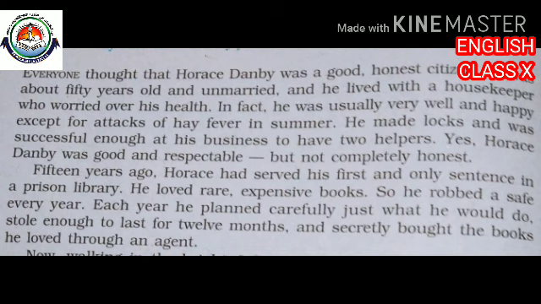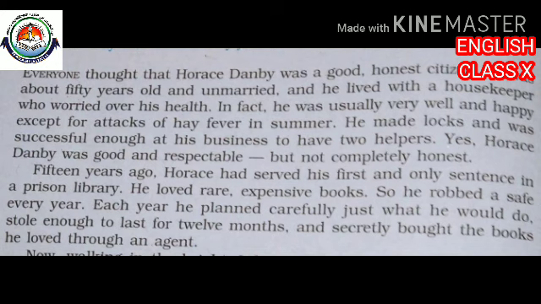Yes, Horace Danby was good and respectable, but not completely honest. 15 years ago, Horace served his first and only sentence in a prison library. He loved rare, expensive books, so he robbed a safe every year. Each year he planned carefully just what he would do, stole enough to last for 12 months, and secretly bought the books he loved through the agent.